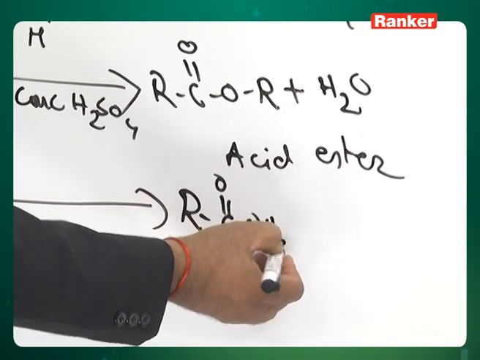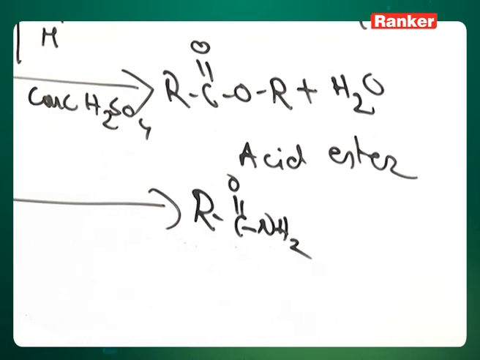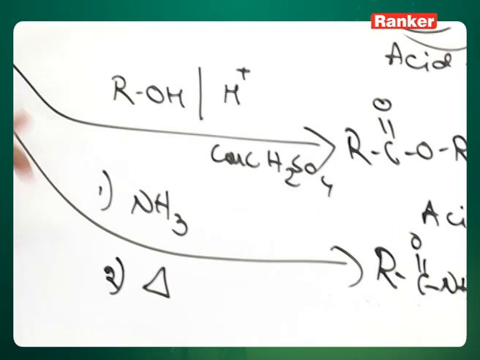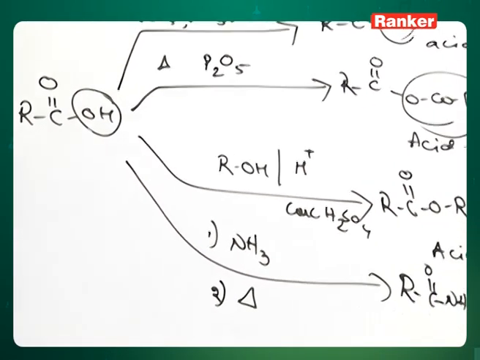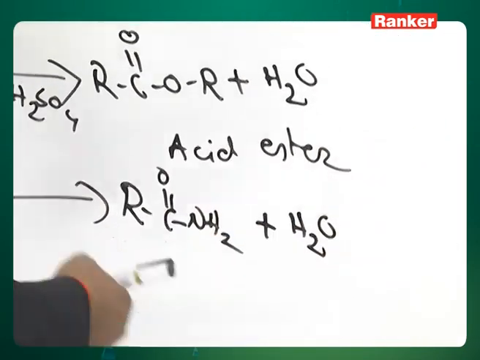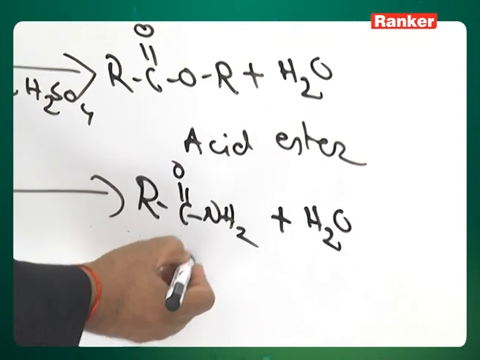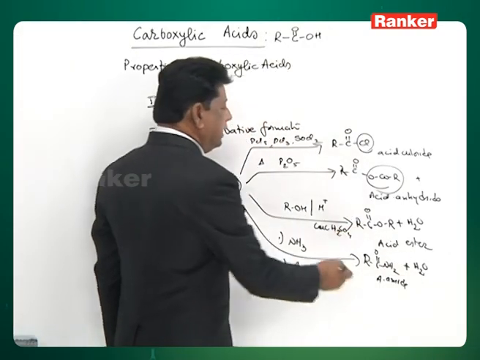So, just by adding ammonia, you won't get the amide. You add ammonia, the corresponding ammonium salt of the acid is formed. You heat it further so that the water is distilled out, and then the amide also distills out. So, acid amide comes.